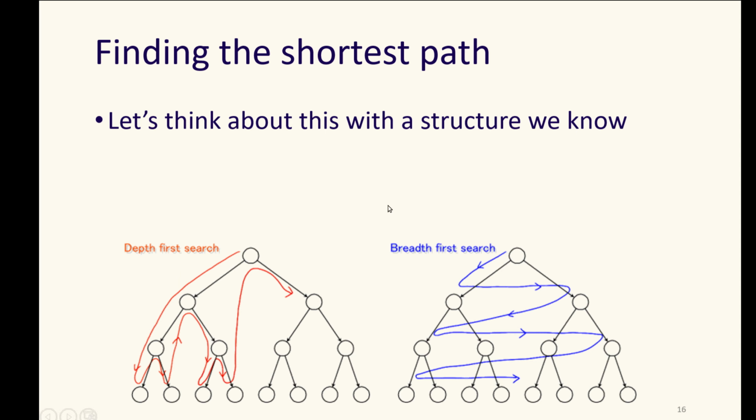If we think about this with a data structure that we do know, because a tree is just a less connected graph, then we can think about two different approaches for finding shortest paths in that tree. One is depth-first search, where we check children, children, children all the way down some direction, and then we start to look back at the places that we've been if we didn't find it.